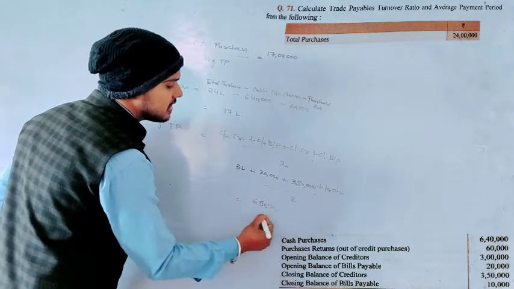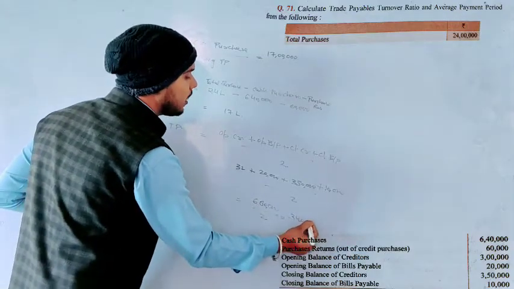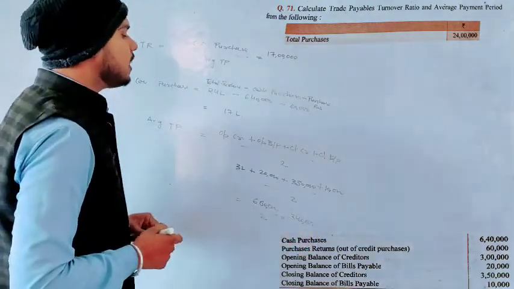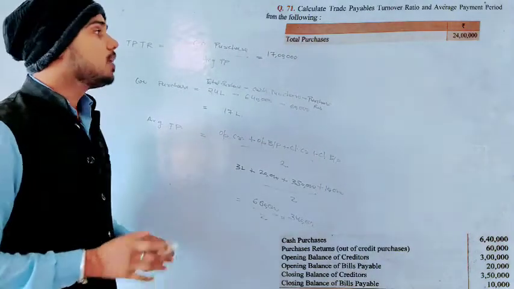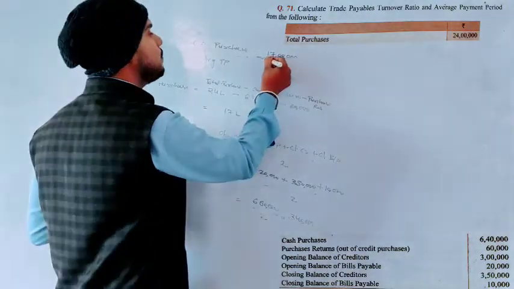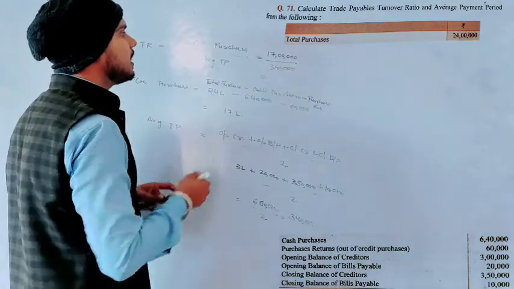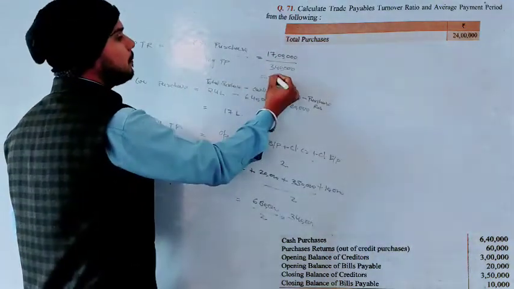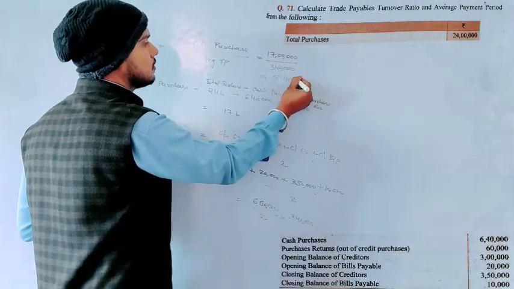And if we divide 680 by 2, we will get a value of 3,40,000. So this 3,40,000 will be our average trade payable. Now we can put the value here as 3,40,000, and we get the value of our trade payable turnover ratio, and that will be 5 times.